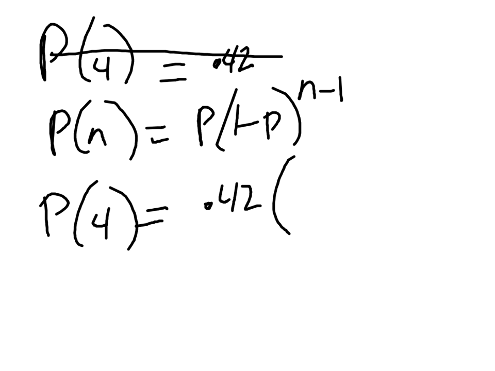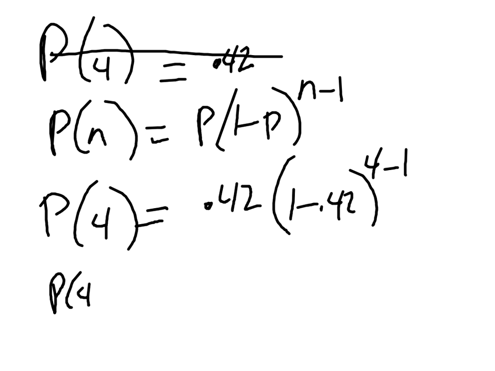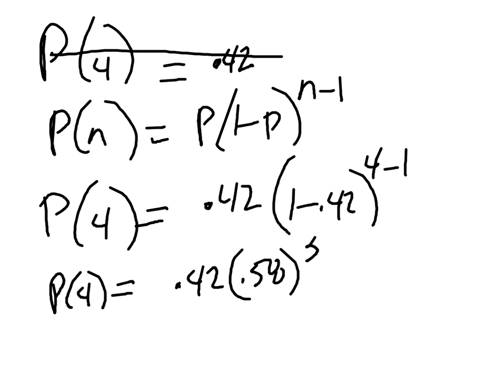Remember that the complement, or non-type A blood, was 1 minus 0.42, and then the exponent will become 4 minus 1. The probability of that fourth person being type A would be 0.42 times 1 minus 0.42, which is 0.58, to the 4 minus 1, or 3. That's exactly what we did with the intuitive way. And again, this comes out to the same answer, 0.082.